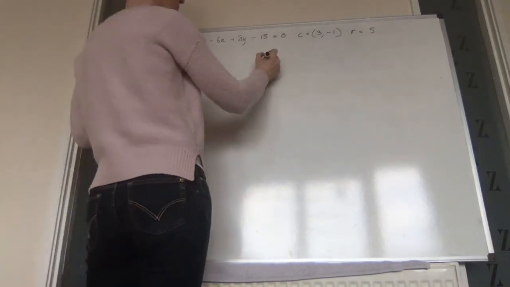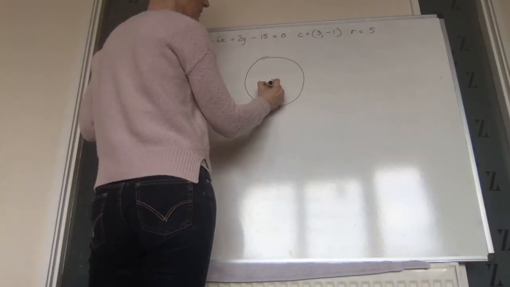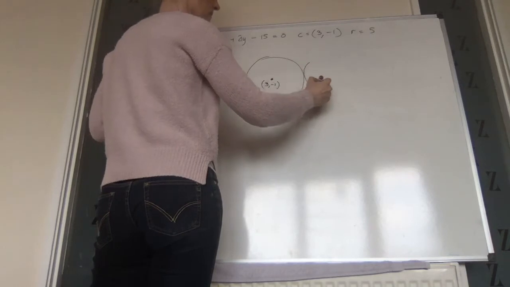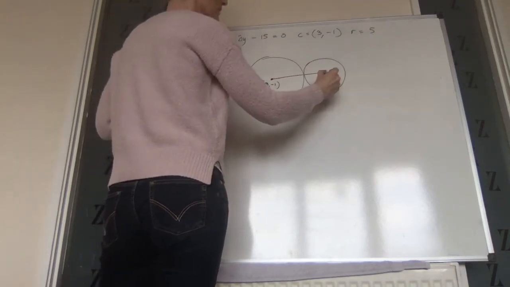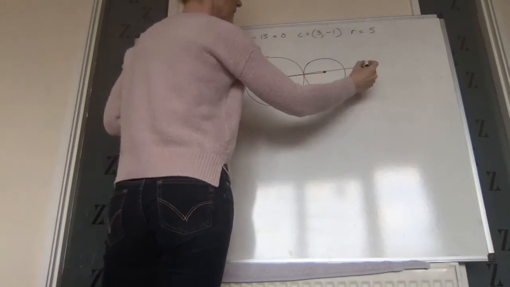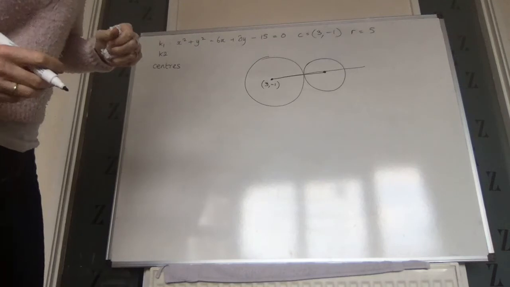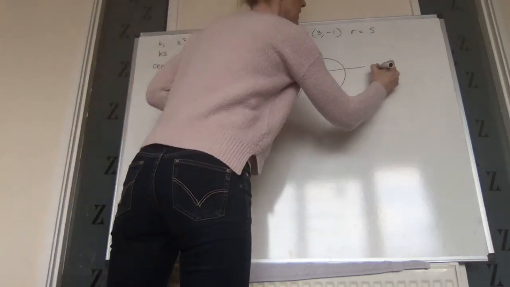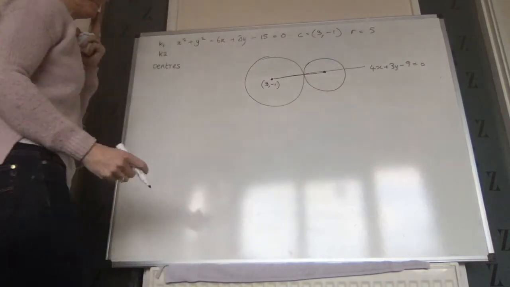So let's have a quick look. There's one with the center 3, minus 1, and there's another circle. They touch externally, and we know that those two centers lie on the line whose equation is 4x plus 3y minus 9 equals 0.